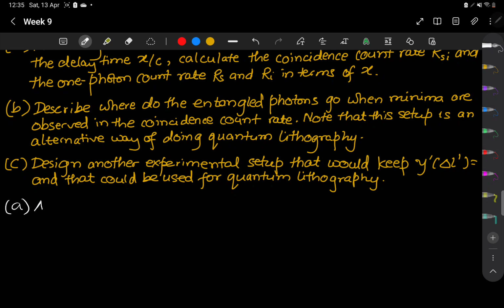First, let us draw the alternatives for coincidence.